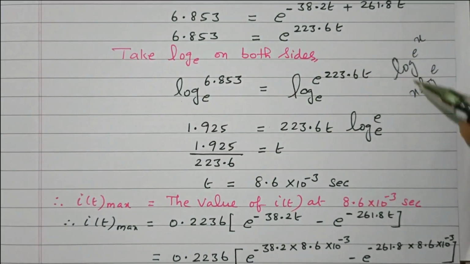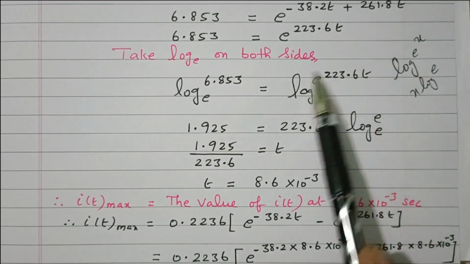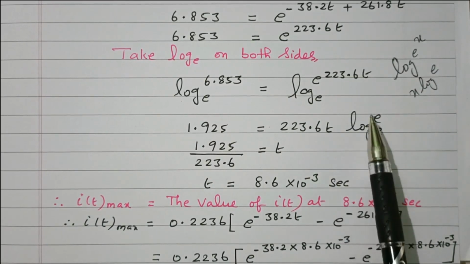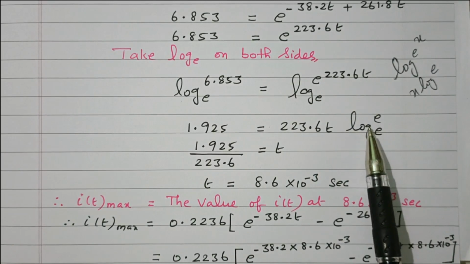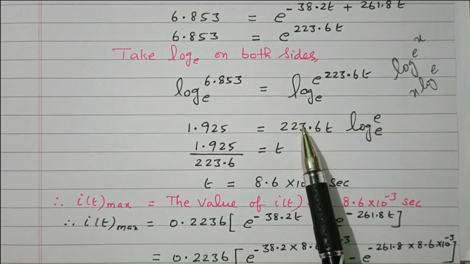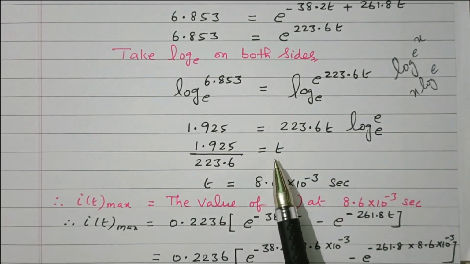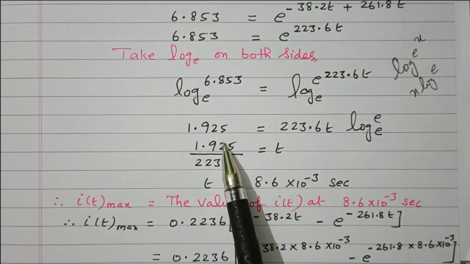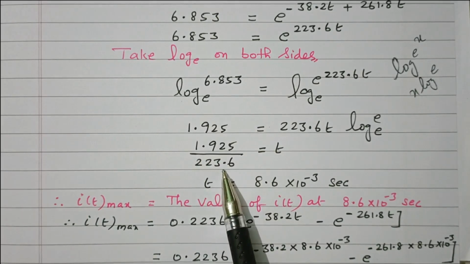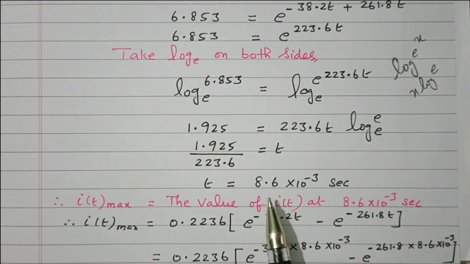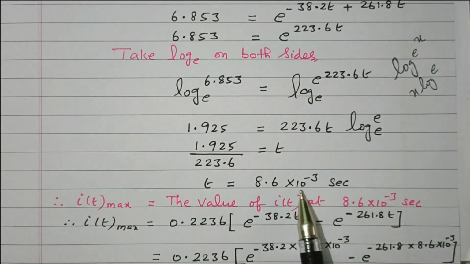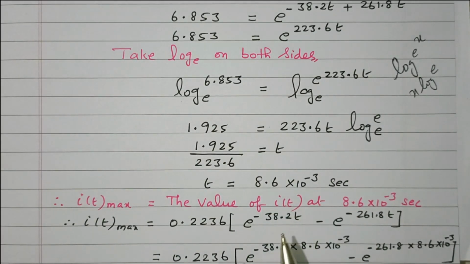This power will come to the front side. Then log e base e, this value is 1. We will bring this 223.6 to the denominator. So t equal to 1.925 divided by 223.6. By simplification we got 8.6 into 10 to the power minus 3 seconds.